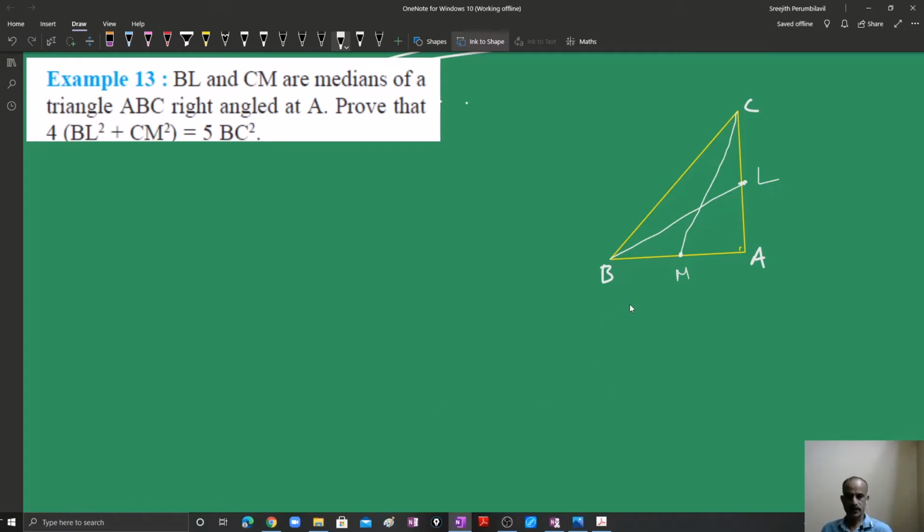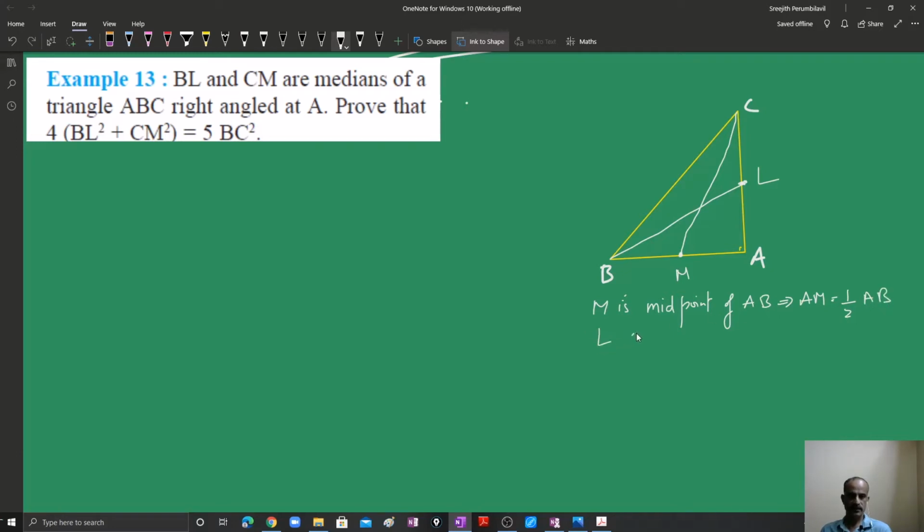Medians means M is the midpoint of AB, which implies that AM is equal to half AB, correct?